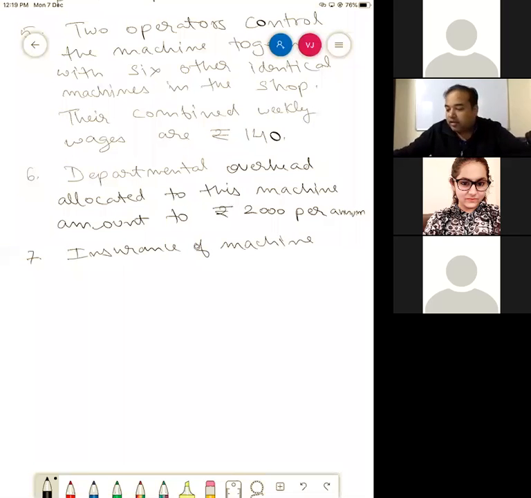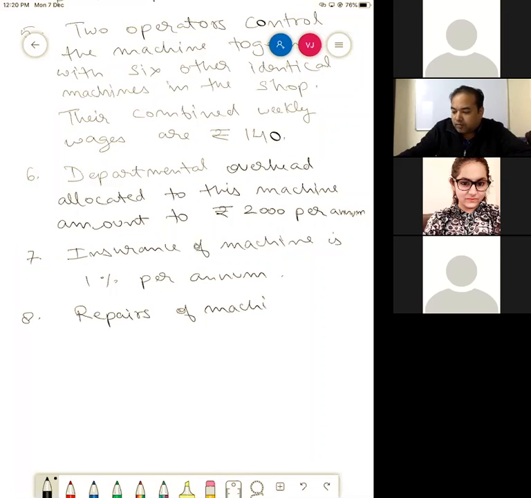Insurance of machine is 1% per annum. Next, repairs of machine are expected 50% of depreciation.